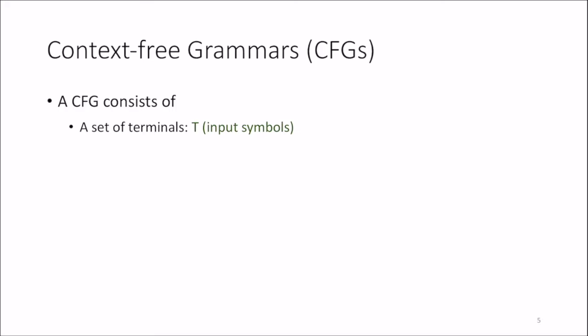So the input symbols could be like T, identifier. In the examples that we'll do, when we introduce context-free grammars, we'll just assume that the terminals are similar to the alphabet that we defined in regular expressions. So we have a finite set of terminal symbols. So these are our atoms that we'll build to create longer and longer strings.